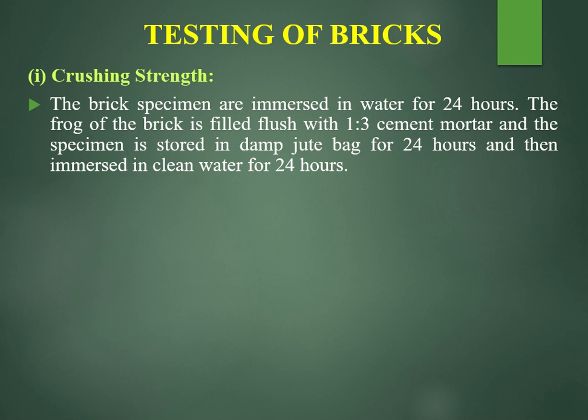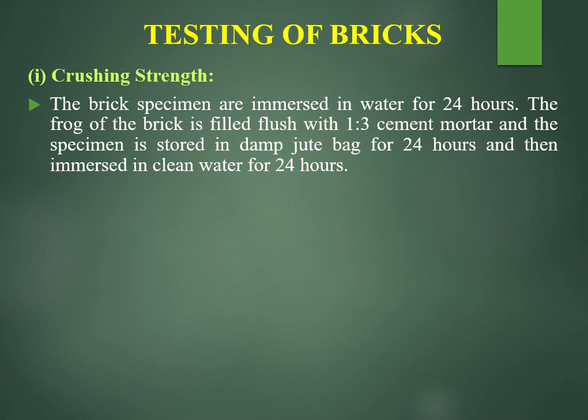Before placing the specimen into the compressive testing machine to test its strength, one has to prepare the specimen. How? The brick specimen will be soaked or immersed in water for 24 hours. After 24 hours, remove the saturated brick.